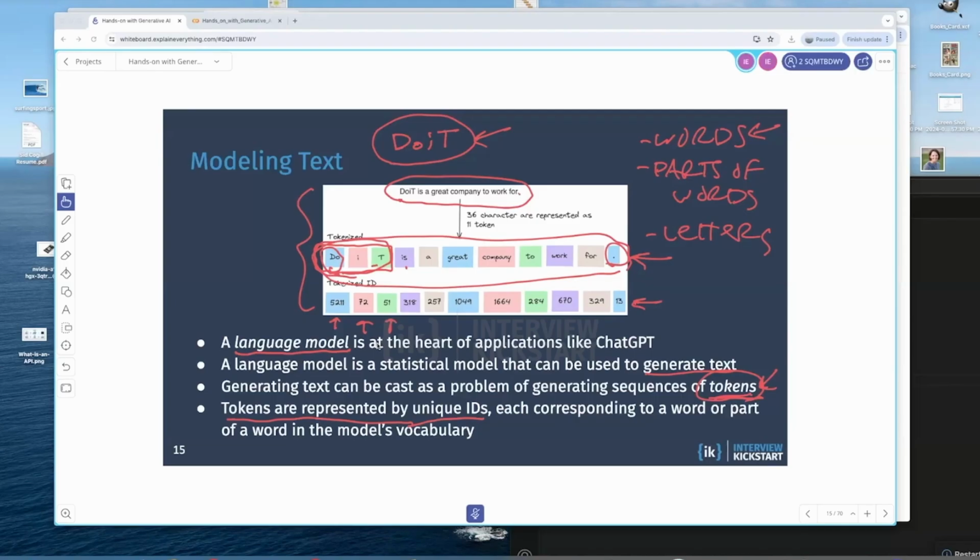The reason why we're going through this is that it's important to simplify and step back and say, okay, when I'm building one of these statistical language models, there's nothing really special about the fact that it's language. It's really just a sequence of unique IDs, right? If I give you a sequence of unique IDs and there are some interesting patterns in those sequences, like certain IDs tend to occur near others, that's what these kinds of models are going to learn by being exposed to lots of text.